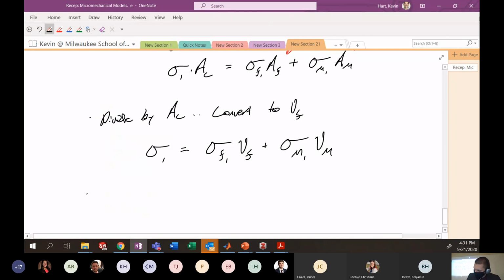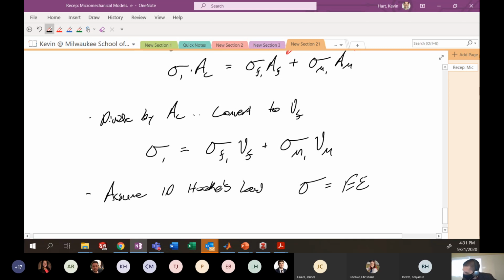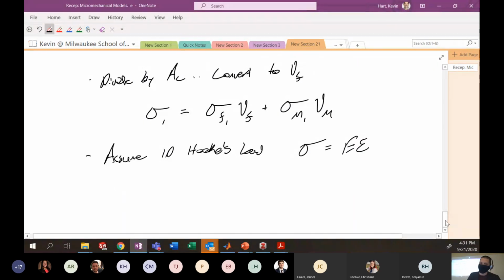Now we'll keep going and we'll assume 1D Hooke's law, which, as you all know, that means they don't know, is sigma equals E times strain. Okay, you guys probably didn't know that. I'll just fool you. This is that linear elastic relationship or assumption that we had to make.